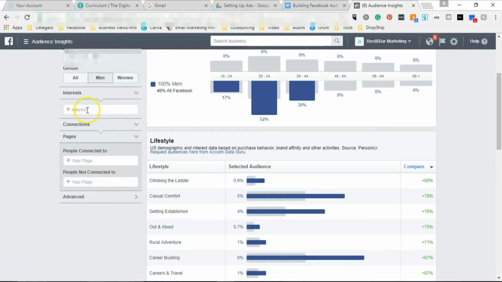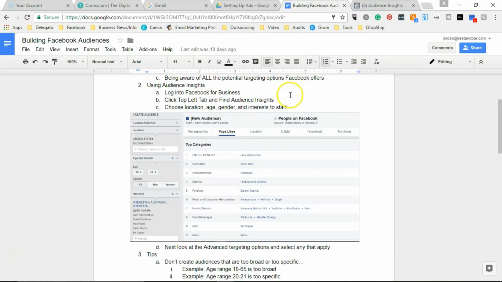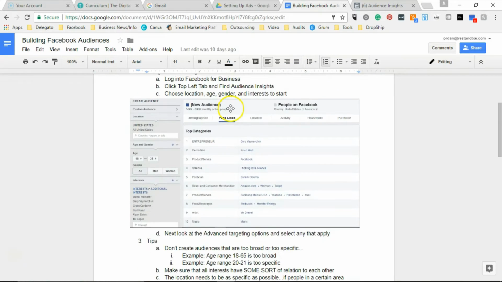And then we're going to get into the interests, and this is where it gets interesting and where it starts to get really important that you do it the right way. So we're going to target niche specific again. A good example is, say you're trying to build an ad for a burger restaurant, right? You're trying to target burger customers.